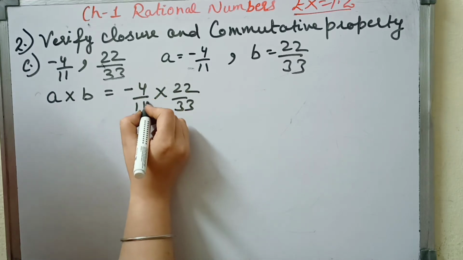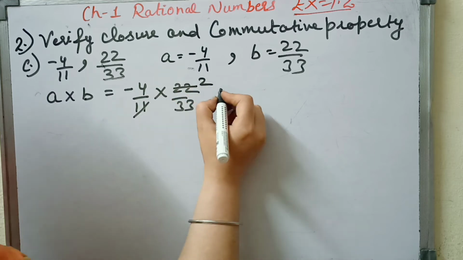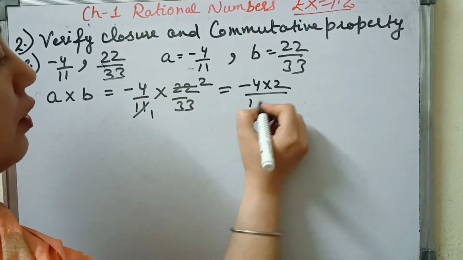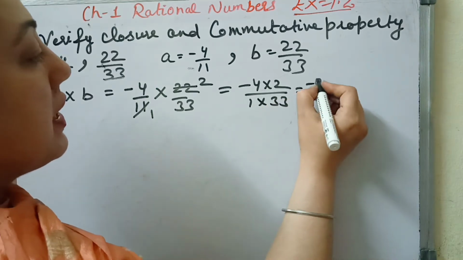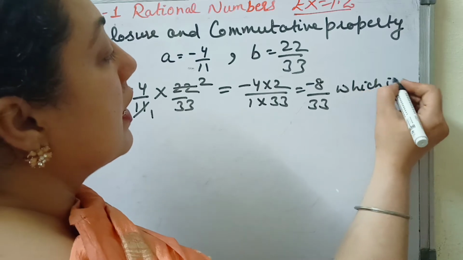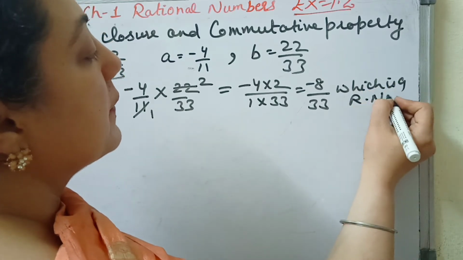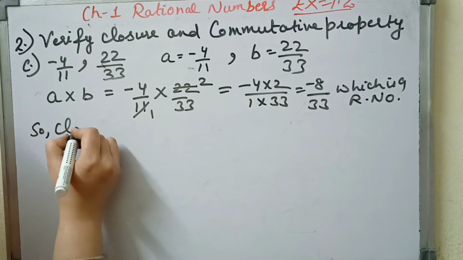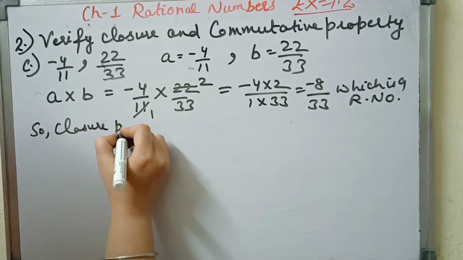You know, 11 2s are 22. Now I will do the multiplication, minus 4 into 2 and here 1 into 33, minus 8 over 33, which is a rational number. So, closure property is verified.